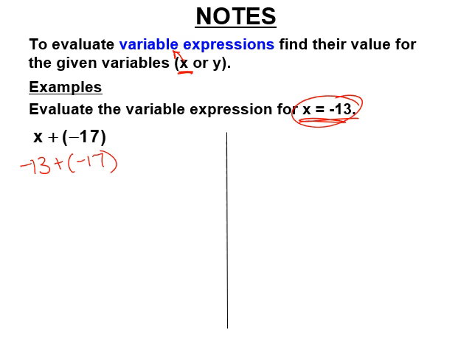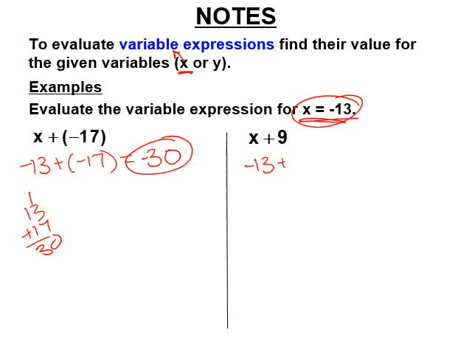And so x plus negative 17 here, where x equals negative 13, then you add the 13 plus 17, and it's 30, but it's 30 negatives. Try that one. So that is negative 4.